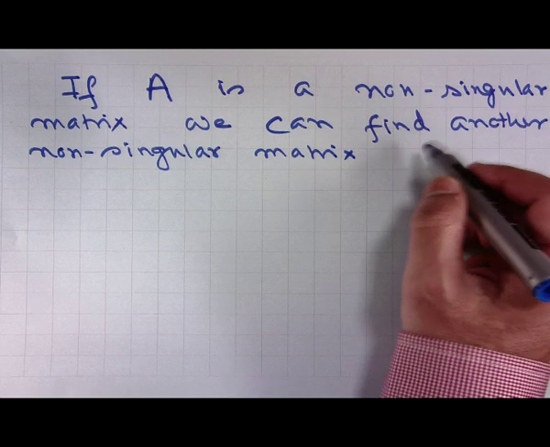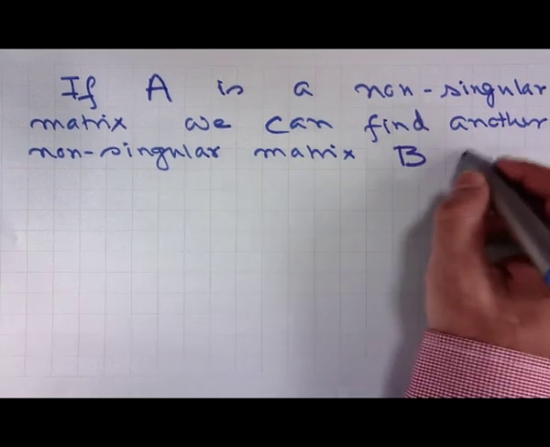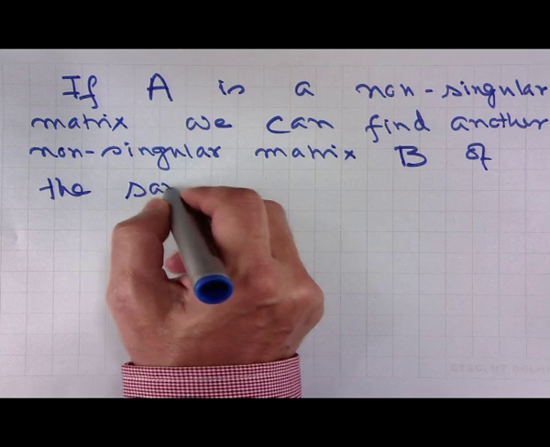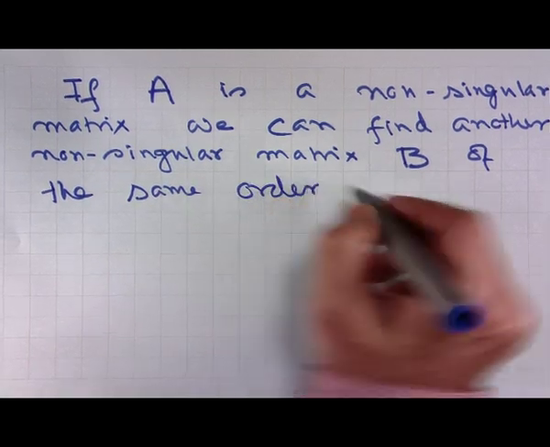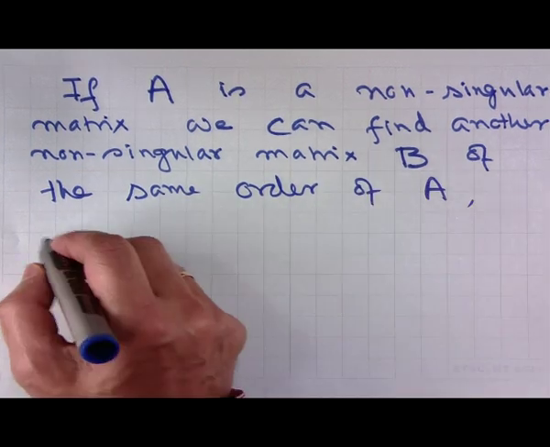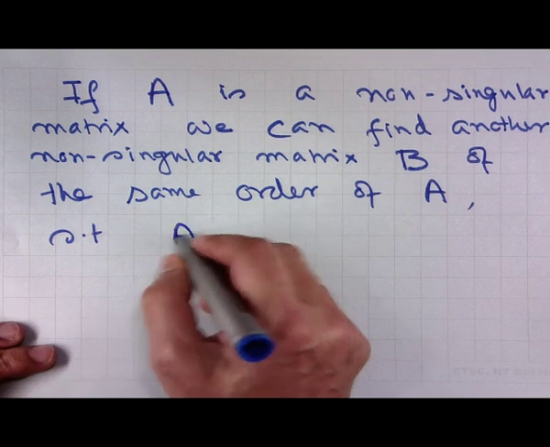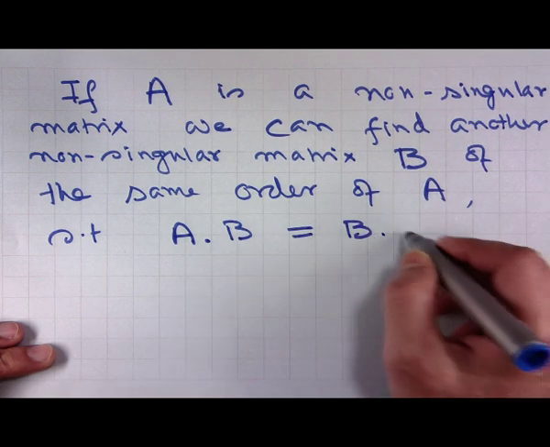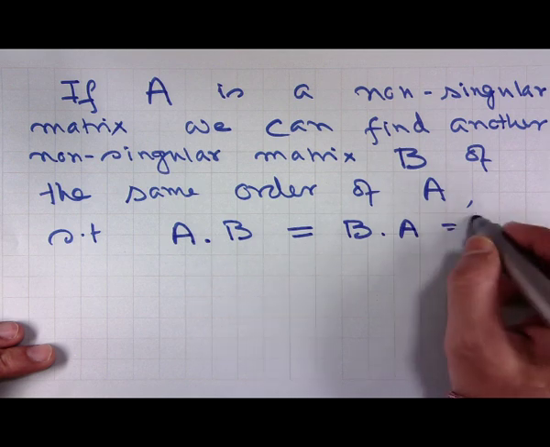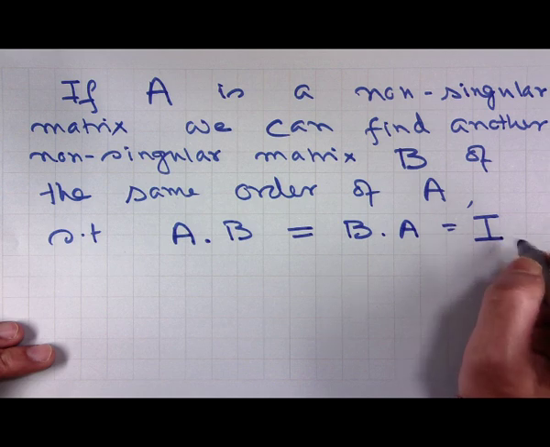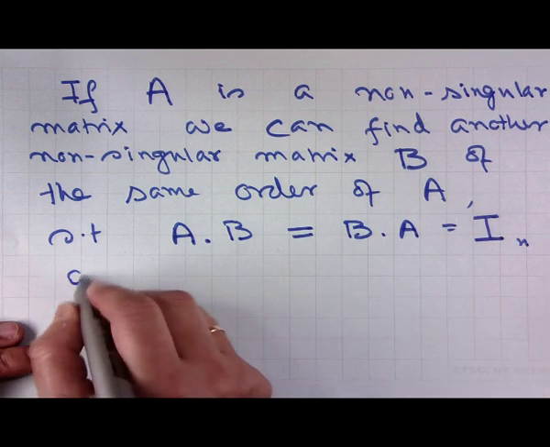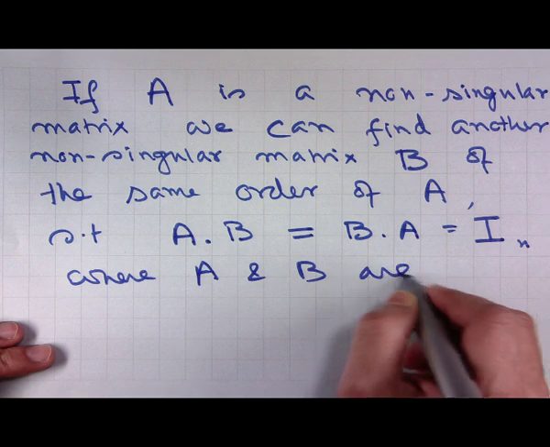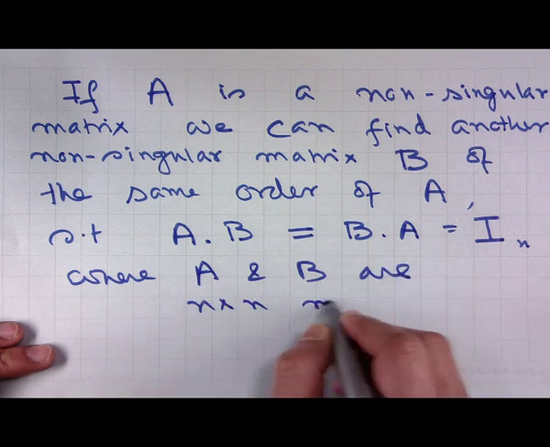The other matrix B is of the same order as A, such that A multiplied by B is equal to B multiplied by A is equal to the identity matrix of order n, where A and B are n cross n matrices.